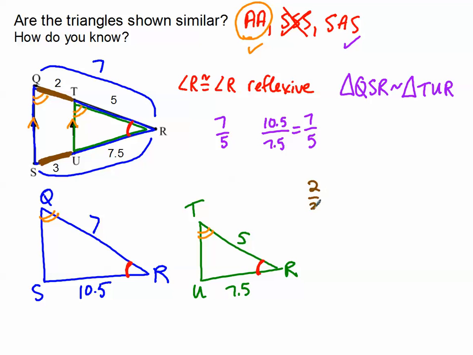So 2/3. 2/3 does not reduce to the scale factor of 7/5. Remember, when we match up the corresponding sides, that gives us the scale factor, and 2/3 is not equivalent to that scale factor. But it shouldn't necessarily be, because it's not a side of a triangle, it's a piece of a side. We did the piece that's on the left with the piece that's on the left, going from top to bottom.